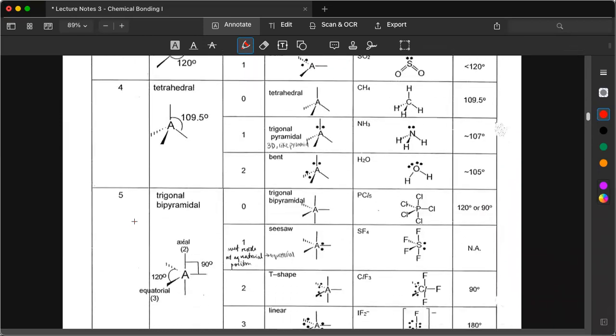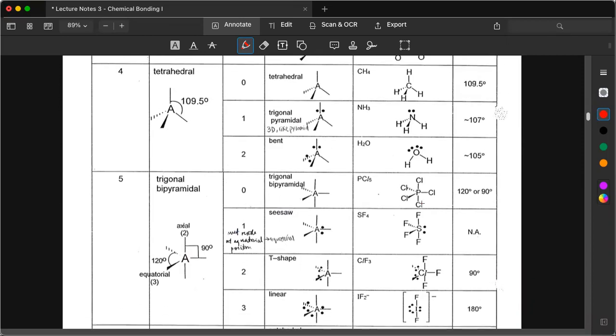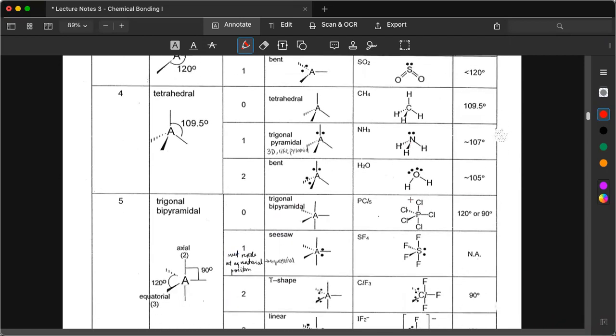If we have 5 regions of electron density, which can include lone pairs as well, we call it trigonal bipyramidal. Bipyramidal is different from this. So PCl5 has angles of 120 degrees and 90 degrees.